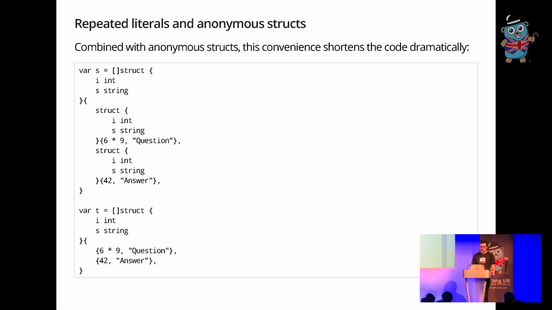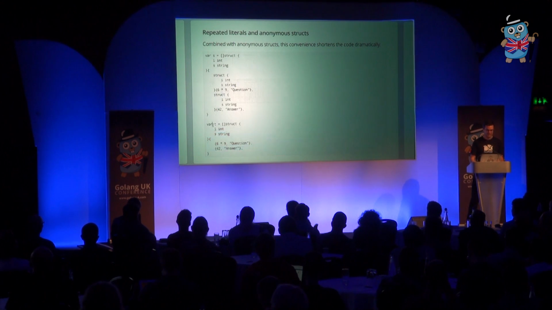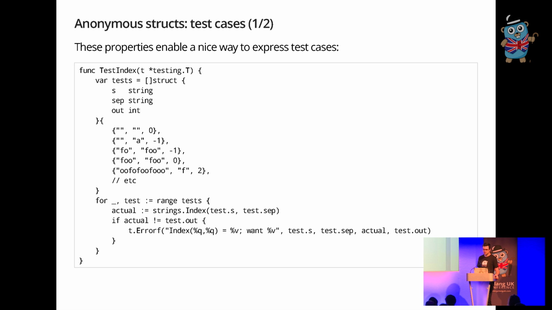If I have this slice s, which is a slice of this struct type, and had to populate the type name every time, I'd have to write this big, ugly anonymous struct in front of each. But fortunately, I can just omit that entirely. That leads to much nicer instances of slices of anonymous structs.